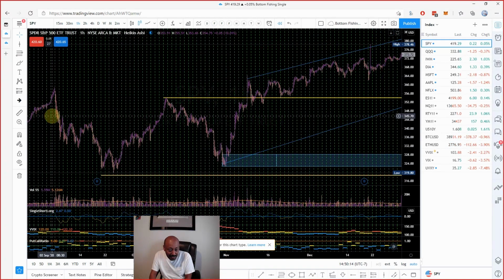Starting in September of 2020. Go to your hourly chart starting September 2020.